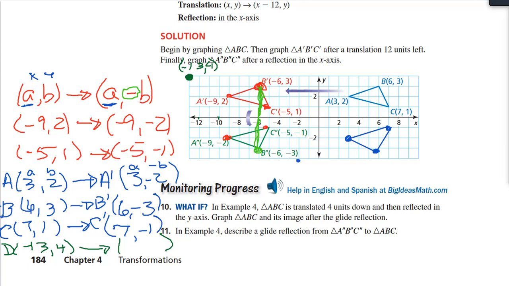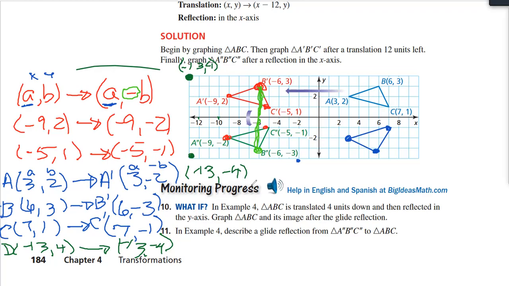You are correct. Where'd my mouse go? Come on, there it is. Negative 13, negative 4. Right? Because we go negative 14 and then instead of up 4, down 4. Negative 13, negative 4. All of those are reflections across the x-axis.